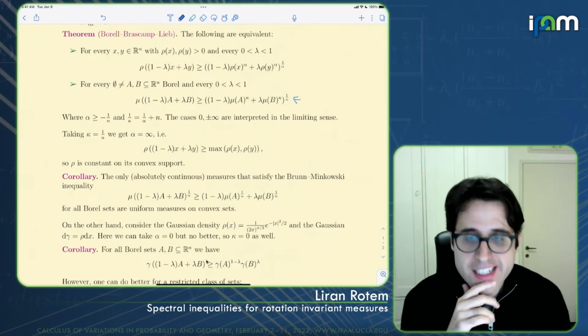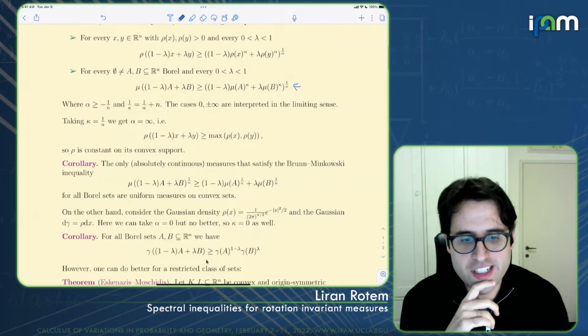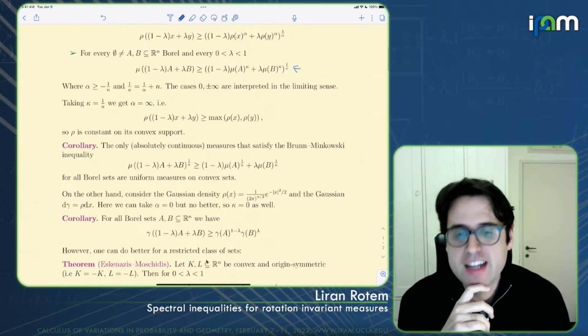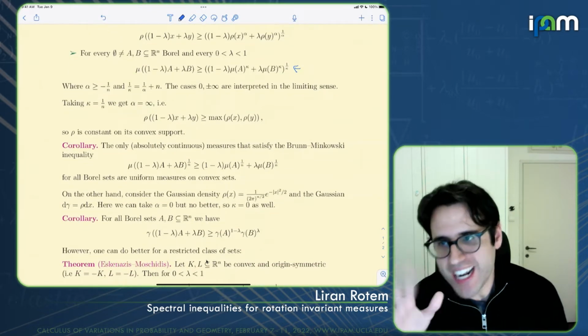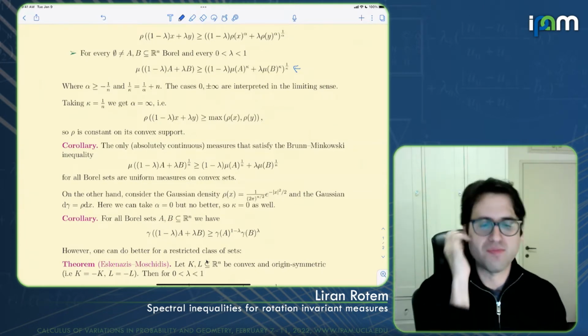But there is a surprising result, a fairly recent result of Eskenazis and Moschidis, and I will give more references a little bit later. Let me postpone it for 5 minutes.